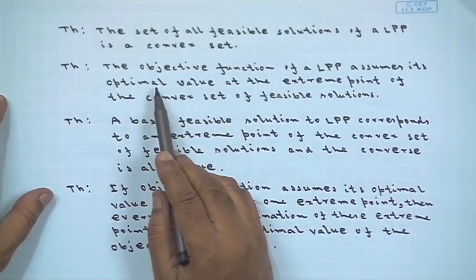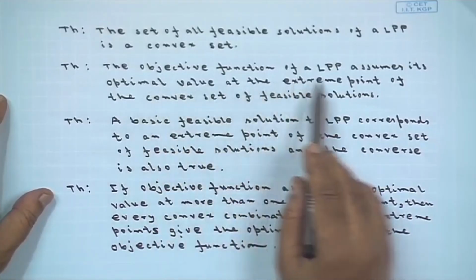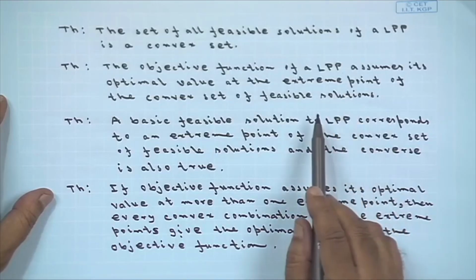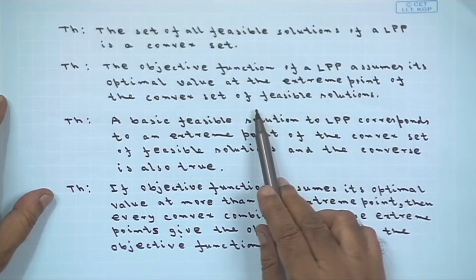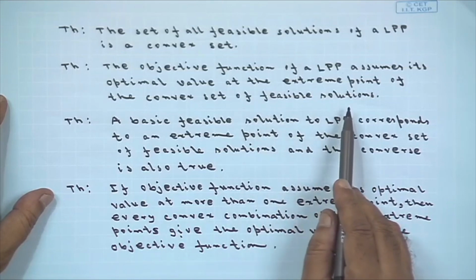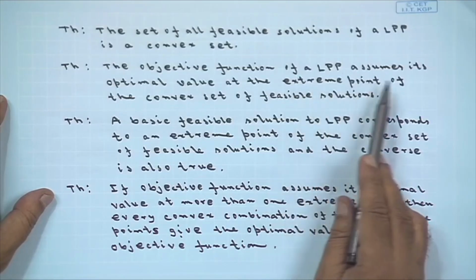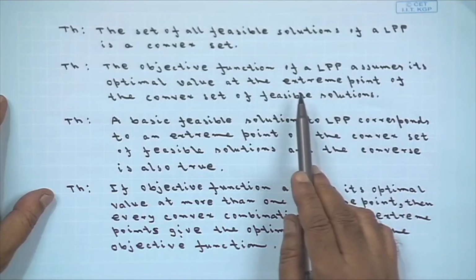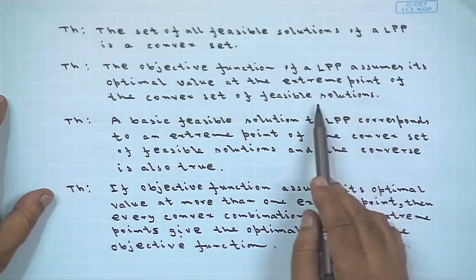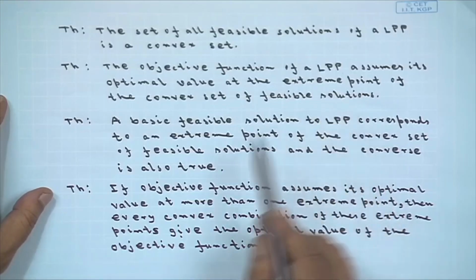Similarly, the next theorem says the objective function of an LPP assumes its optimum value at an extreme point of the convex set of feasible solutions. So, there is a mathematical proof of what I told you just now, that the objective function of an LPP assumes its optimum value only at an extreme point of the feasible region.